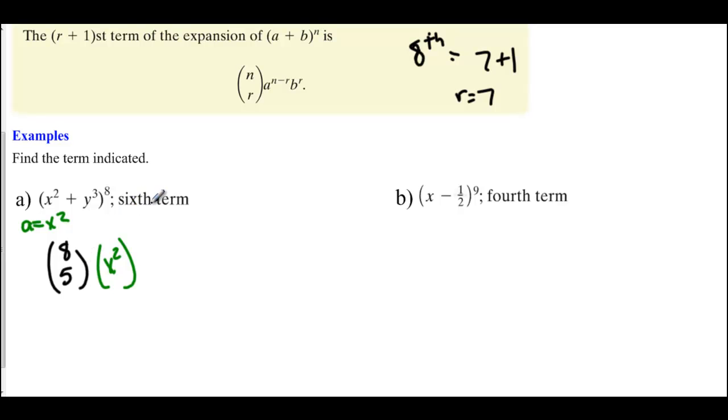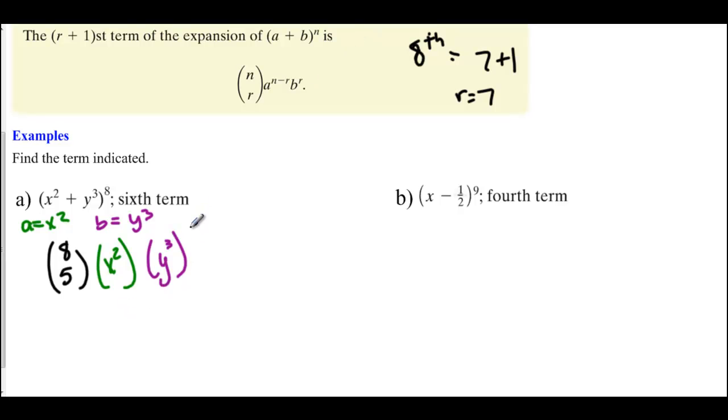It says the 6th term here. So we're going to take 1 less. The 6 minus 1 is going to give us the 5. So whatever term we want, we're going to do 1 less down here. And then we've got that B is y cubed. I also tried to point out that this bottom number is always going to be the same exponent as the 2nd thing.